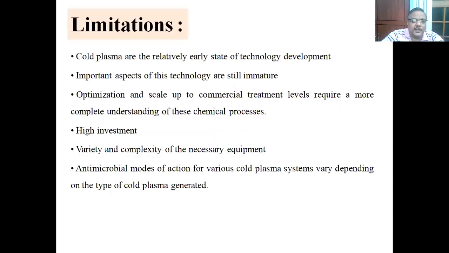The limitations of cold plasma are the relatively early state of the technological development, and the important aspects of this technology are still immature.